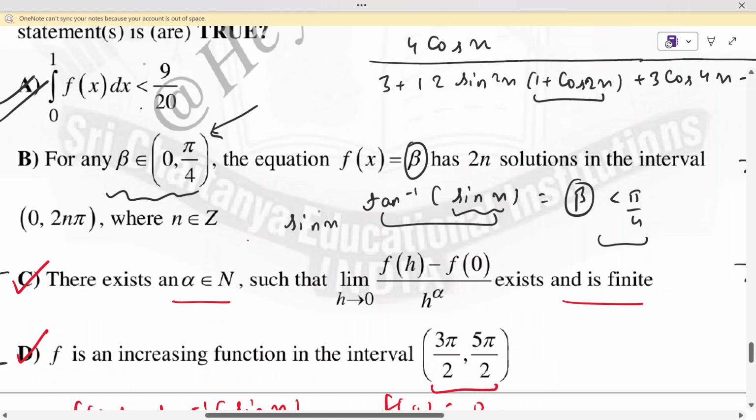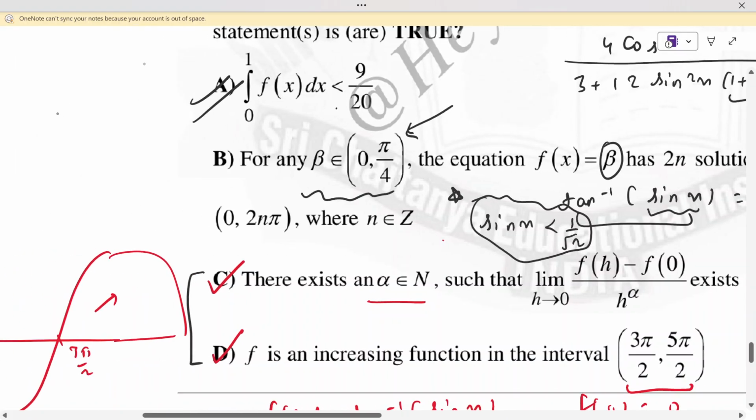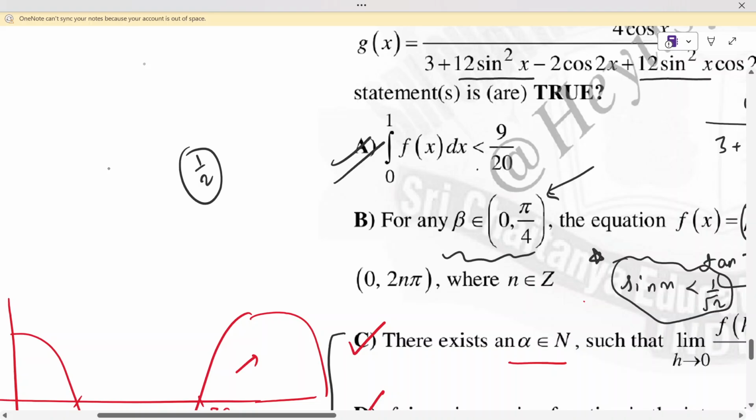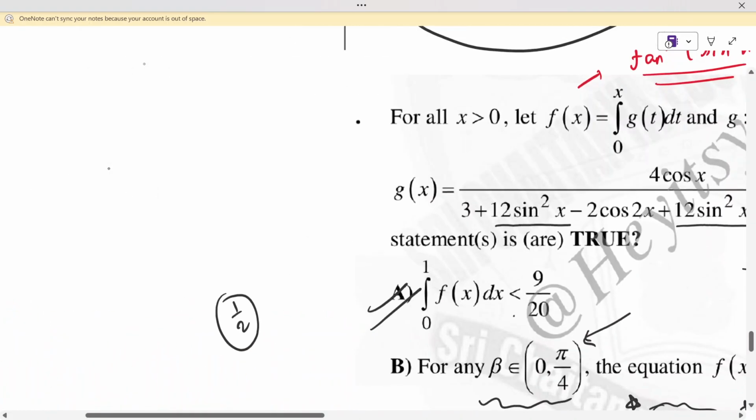And for an increasing function, sin is less than 1 by root 2 at some value. Let us take 30 degrees, like 1 by 2. So after solving, I have sin equal to 1 by 2.